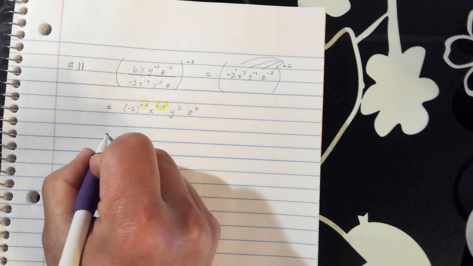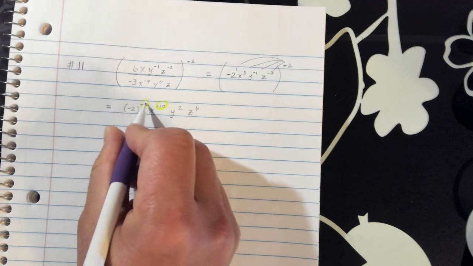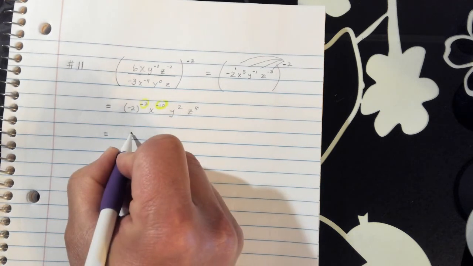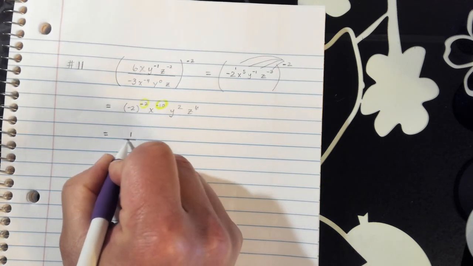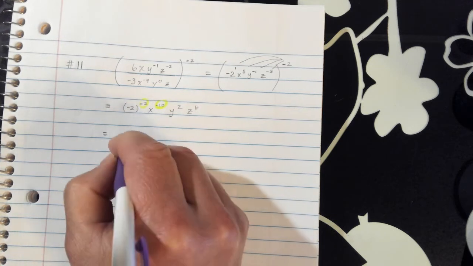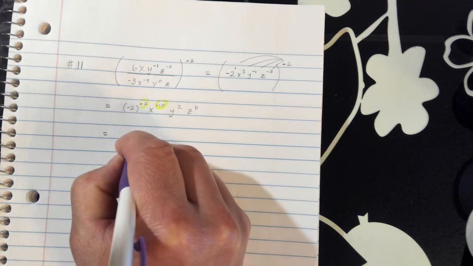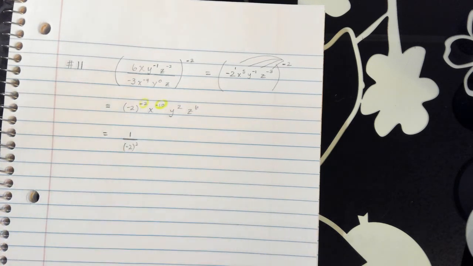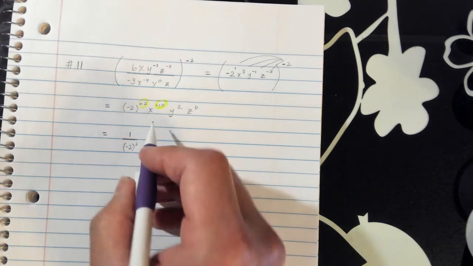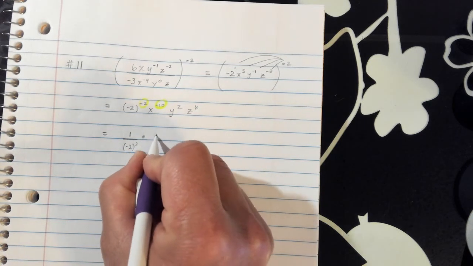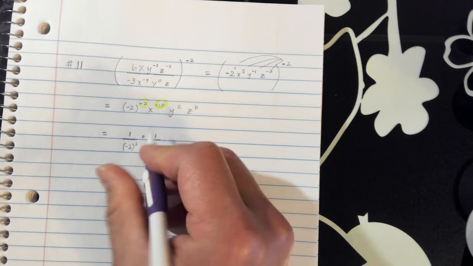I'm going to go down here. So this becomes this fraction. That -2 is still in parentheses, like that. And x to the -10th is 1 over x to the 10th.